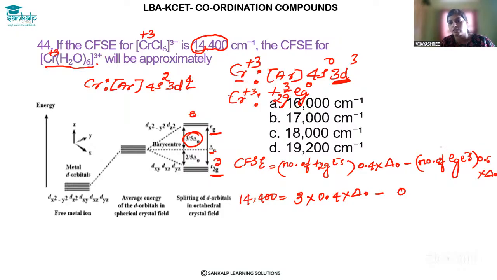The number of eg electrons is 0, right? So the next term will be 0.